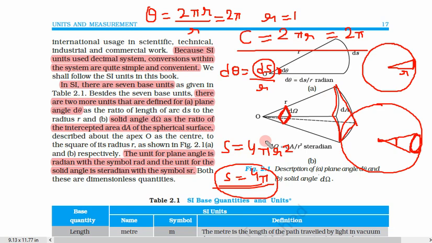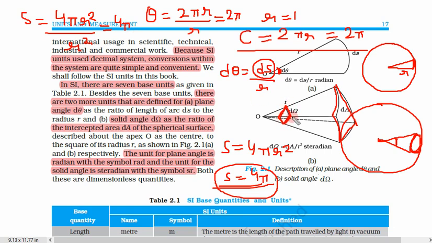So now let us see what happens. How can we convert this surface area into angle? The total surface area is 4 pi r square. If we divide this by r square, we get 4 pi.